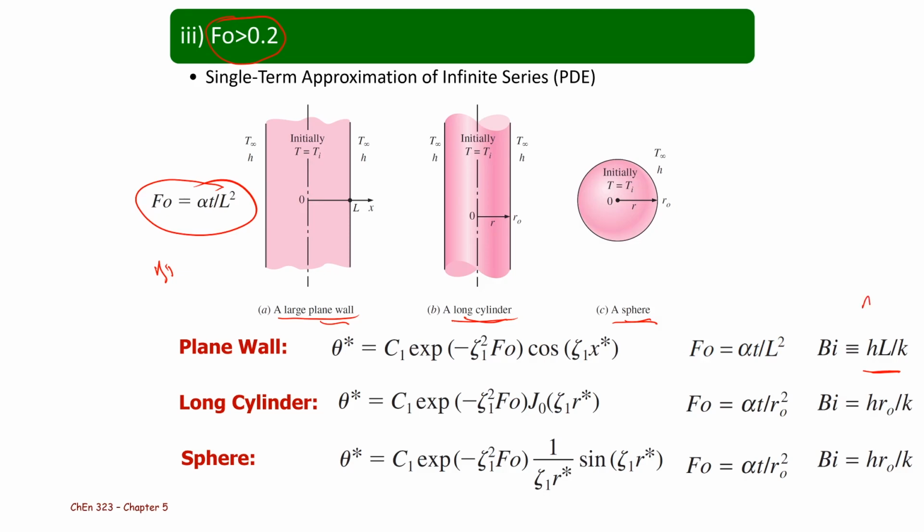It is not Lc, it is hL over k for a plane wall and hr over k for cylinder and sphere. It's important to remember the definition of the Biot number that will allow you to find C1 and zeta 1 from the tables. Okay, the definition of Biot number is different for the spatial cases.